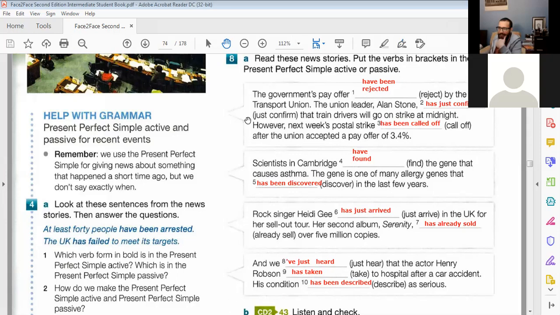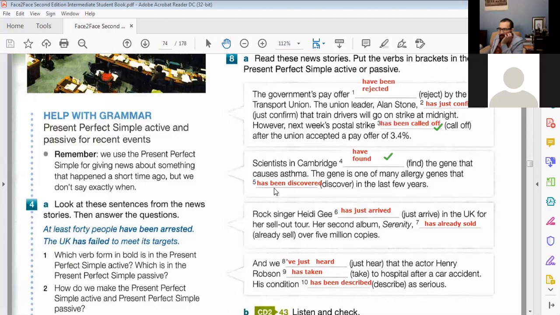Track 43. The government's pay offer has been rejected by the transport union. The union leader, Alan Stone, has just confirmed that train drivers will go on strike at midnight. However, next week's postal strike has been called off after the union accepted a pay offer of 3.4%. Scientists in Cambridge have found the gene that causes asthma.